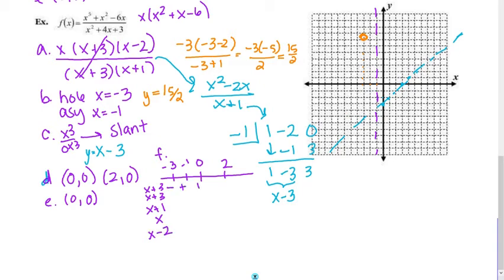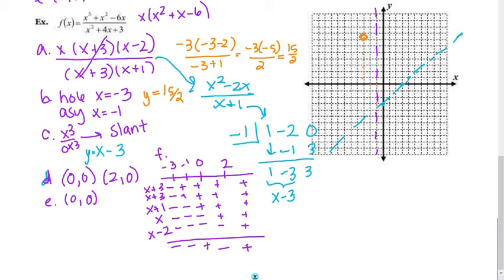And then I'm going to do this deal. Negative, and this will also be negative. So now we're good to graph.